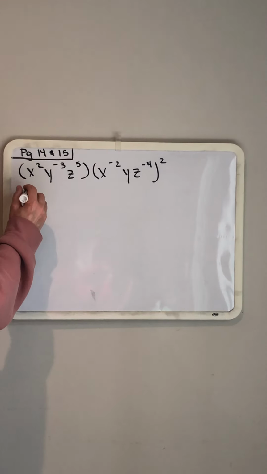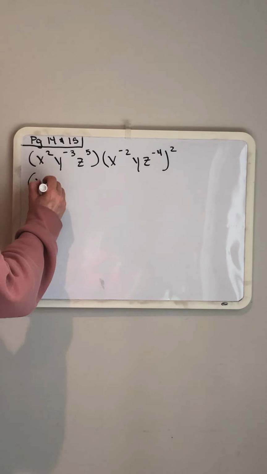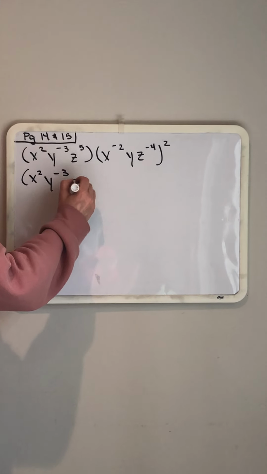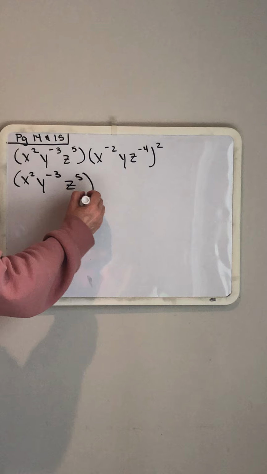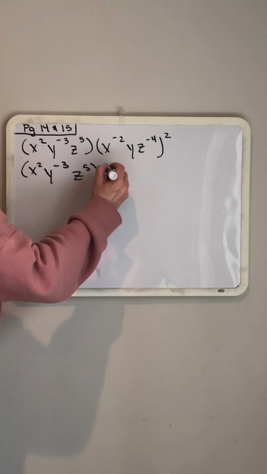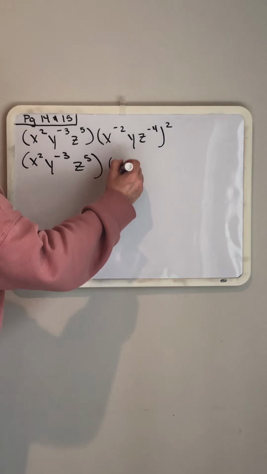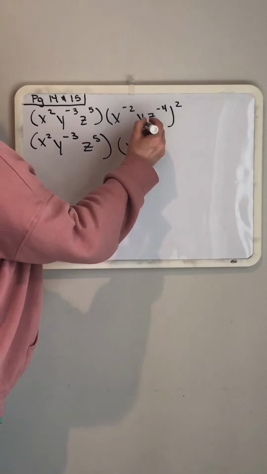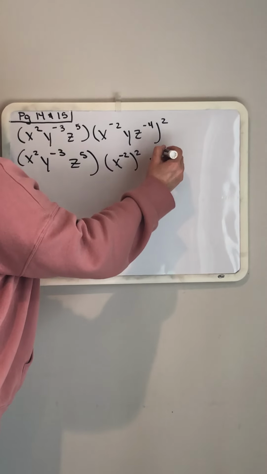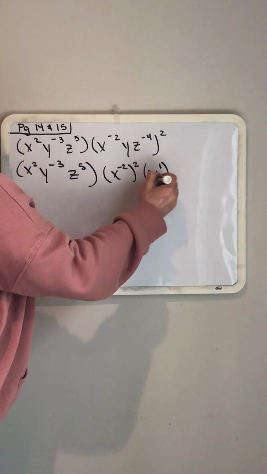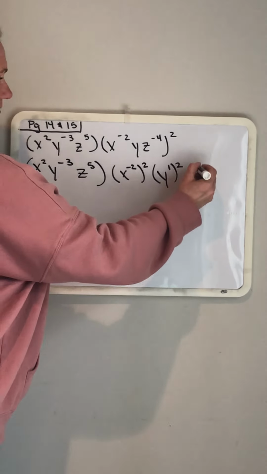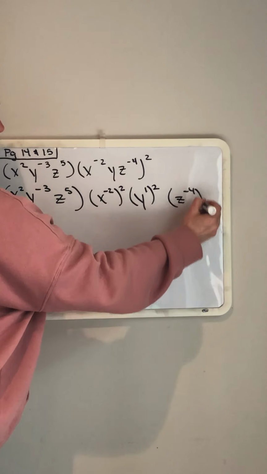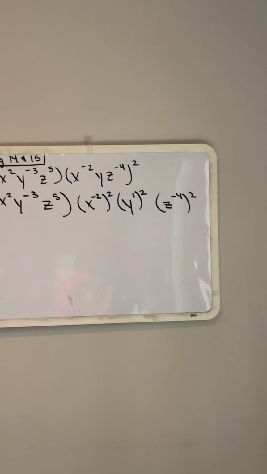So the first one's not going to change. It's x to the second, y to the negative third, z to the fifth. Now this is going to be x to the negative second to the second, y to the first, because there's no power there, to the second, and z to the negative fourth to the second.